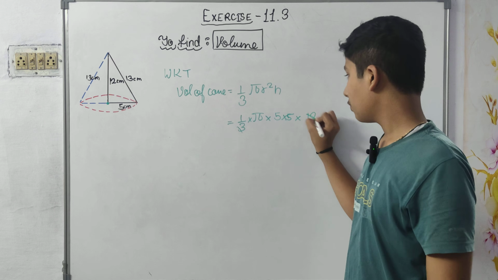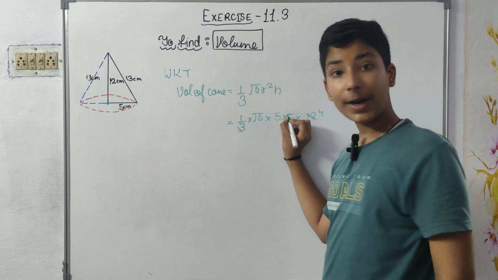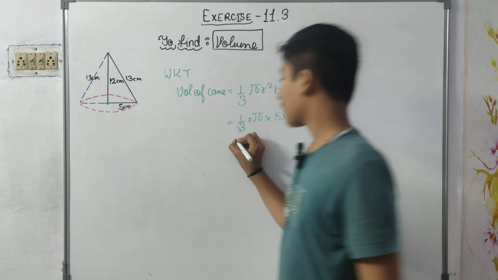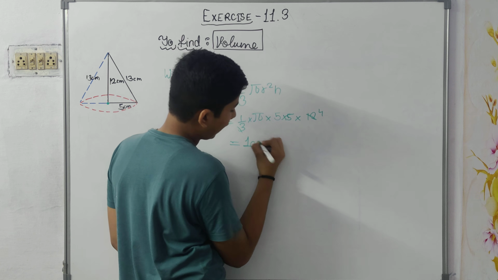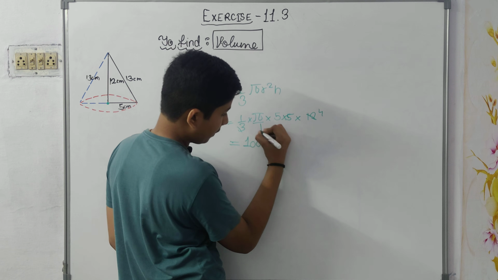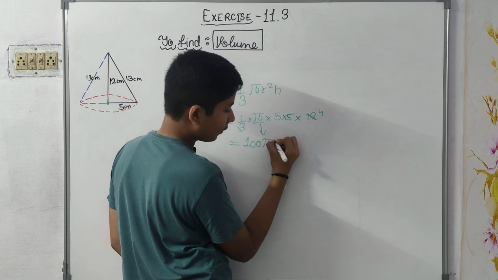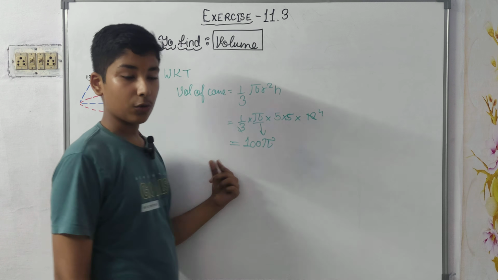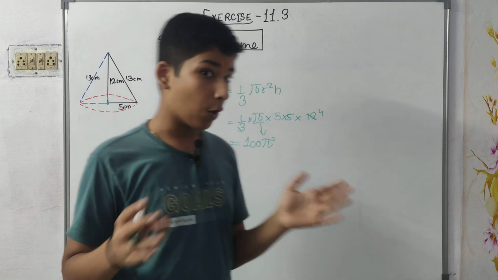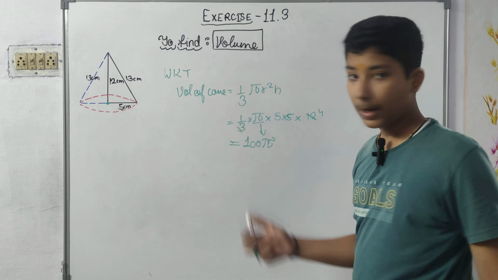So 3 into 4, 5 4s are 100. So it would be 100 times pi. The volume of this cone, or the figure which is formed, will be 100 pi.